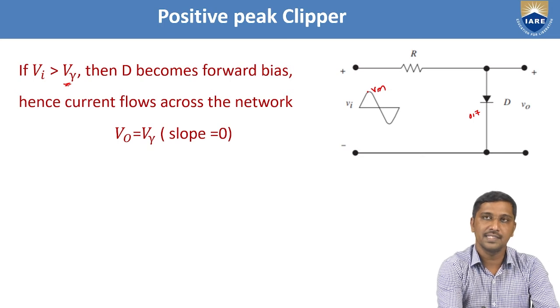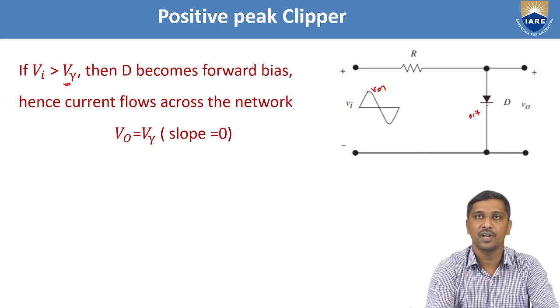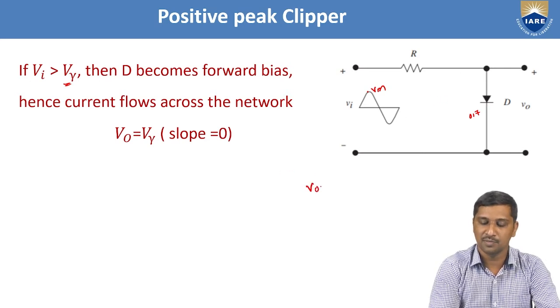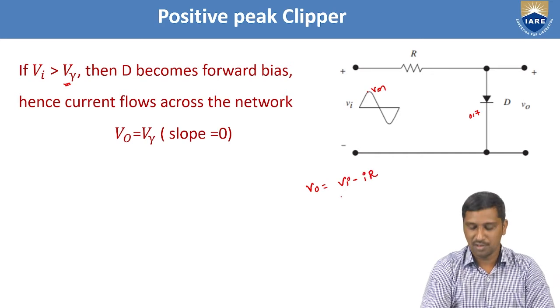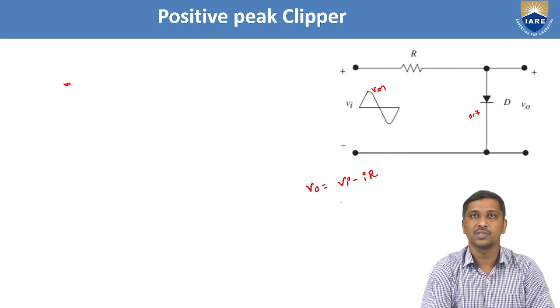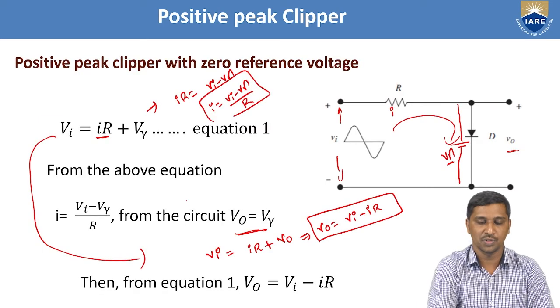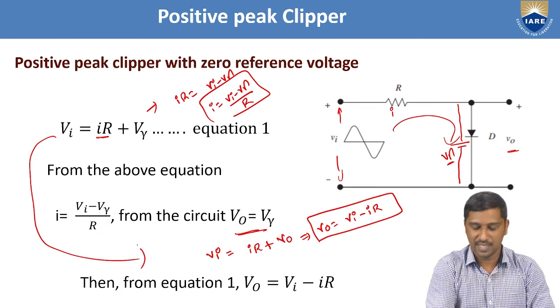Hence, if Vi is greater than V gamma, the diode acts as forward biased. If it is forward biased, the current is flowing. So what is the relation? We observe V0 is equal to Vi minus I into R. So what is the current when the diode is forward biased? Just now we observed what I is. I is represented as Vi minus V gamma by R.